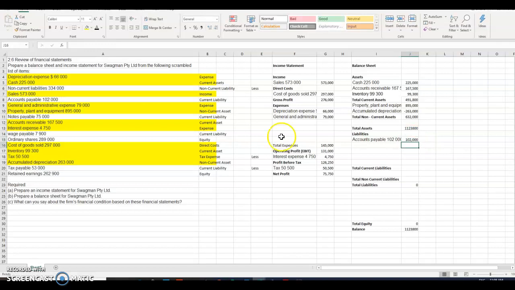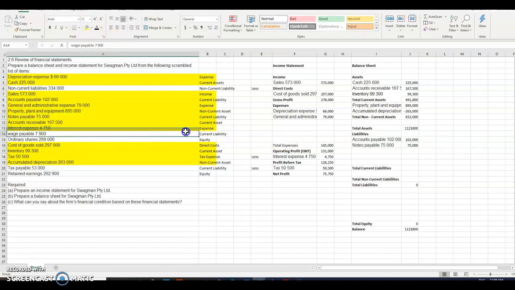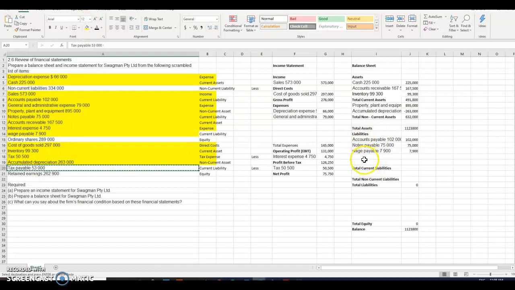So first one off is accounts payable. Then notes payable. So they're short-term financing notes. Wages payable. And tax payable.